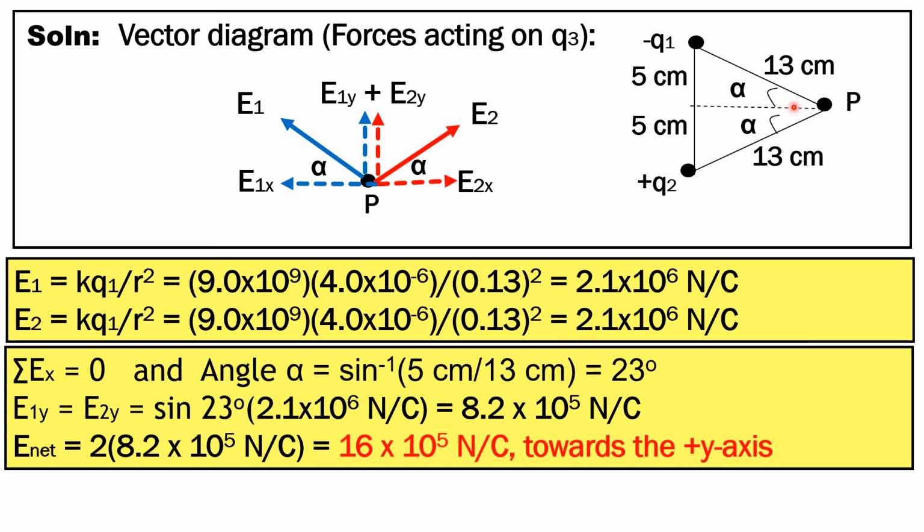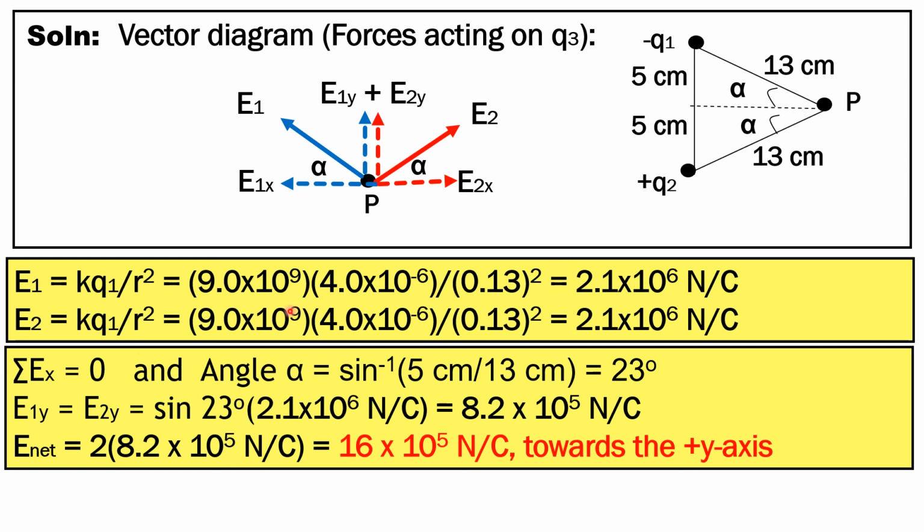Hence, we can use the relationship of the hypotenuse and the opposite side, which is exactly the meaning of sine of alpha. To determine alpha, we use inverse sine of the ratio 5 centimeters over 13 centimeters. Using your calculator, alpha is equal to 23 degrees.